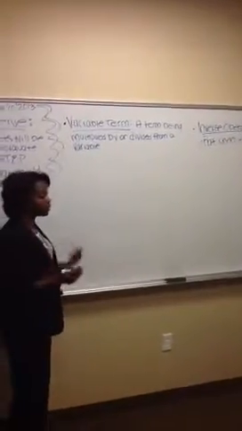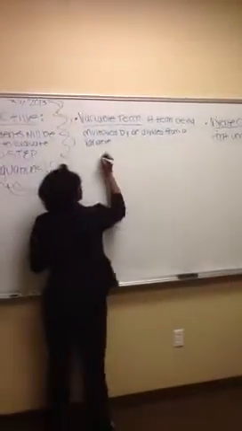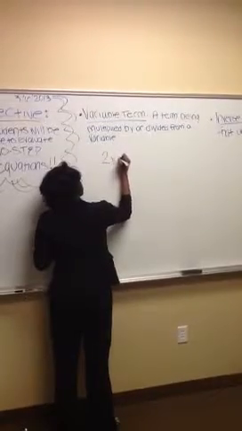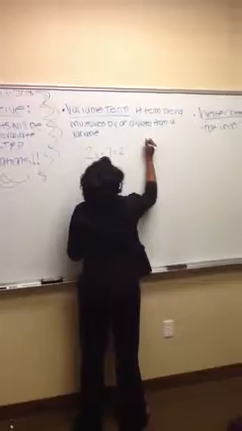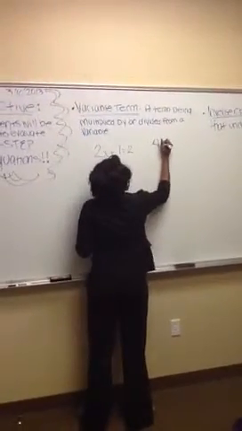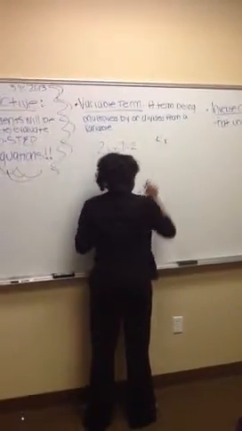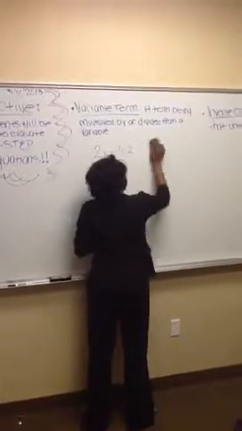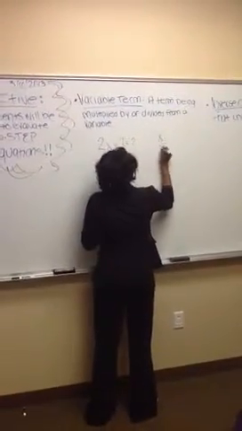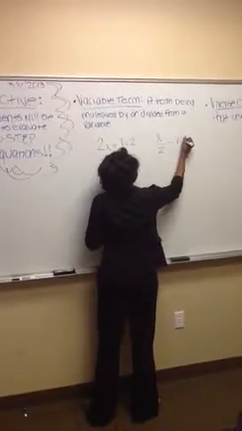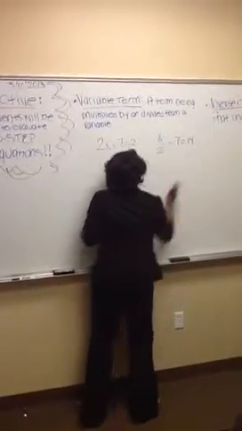So I'm going to show you two examples of how it will be. You will have either 2x plus 7 equal to 2, or you may have x divided by 2 minus 7 equals 14.